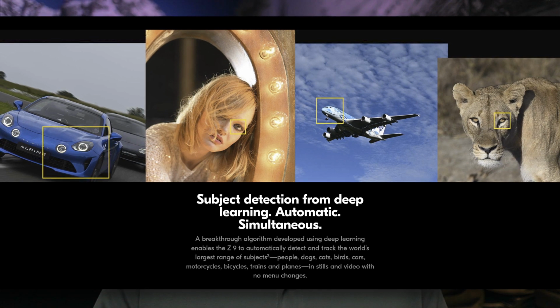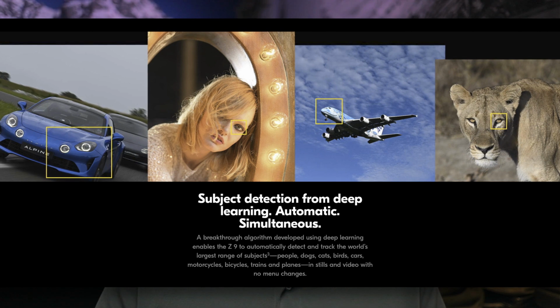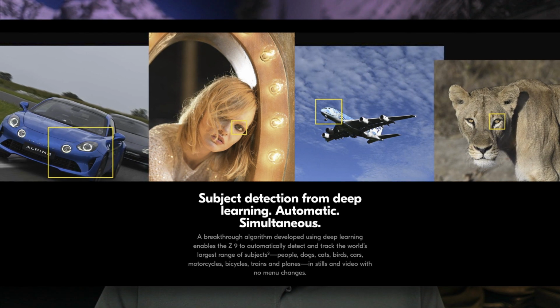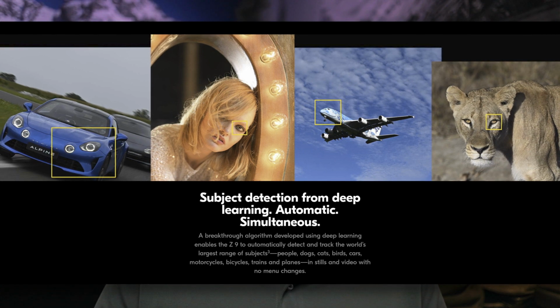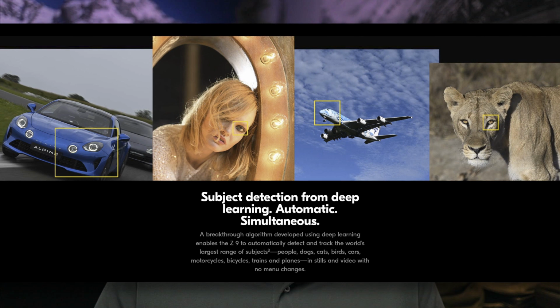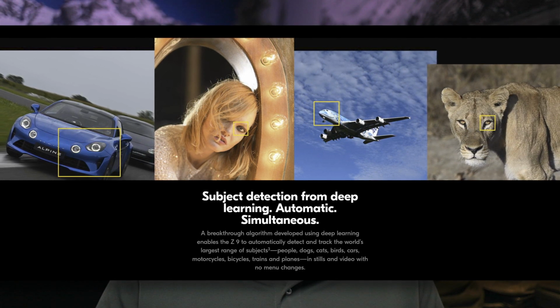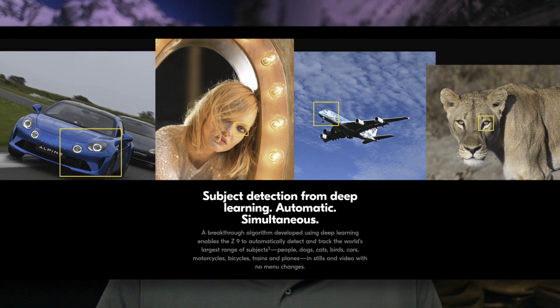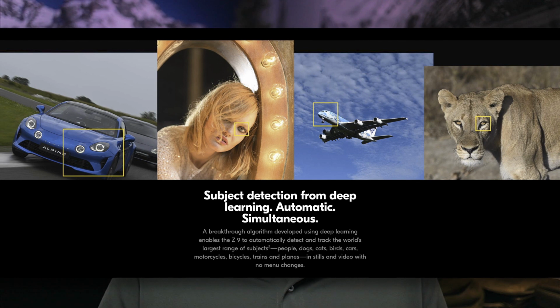First of all is bicycles, trains, and planes. In my experience, at least, shooting on my R5, for example, and in photography in general, I don't really see the value in autofocus detection and tracking for planes and trains.